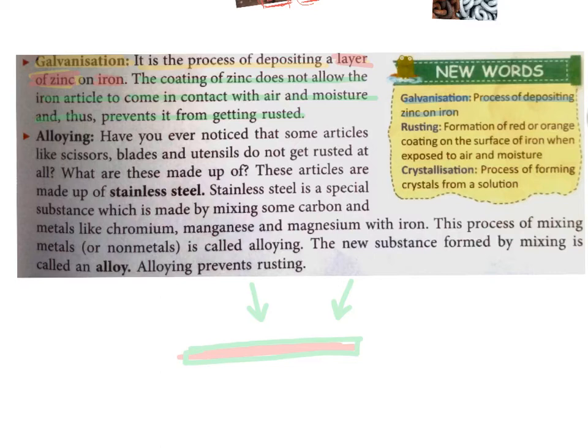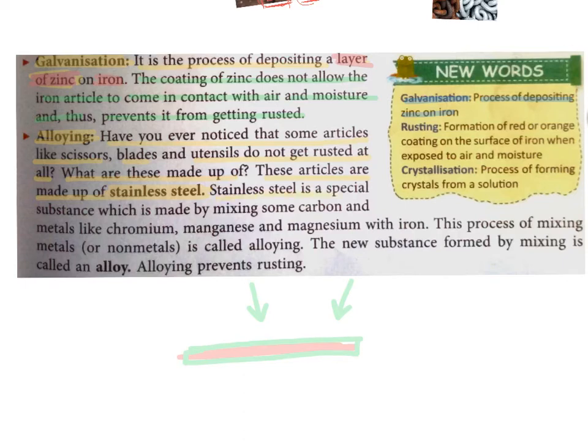Let's move to our next method, alloying. Have you ever noticed that some articles like scissors, blades and utensils do not get rusted at all? What are these made up of? These articles are made up of stainless steel. I hope you all have heard about stainless steel.